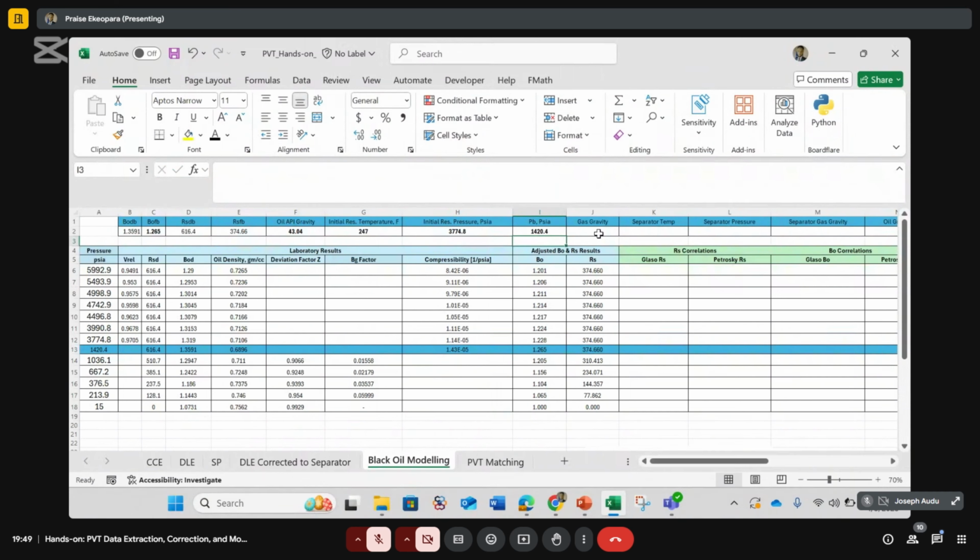Then our gas specific gravity will now be the one we calculated based on our weighted average method.